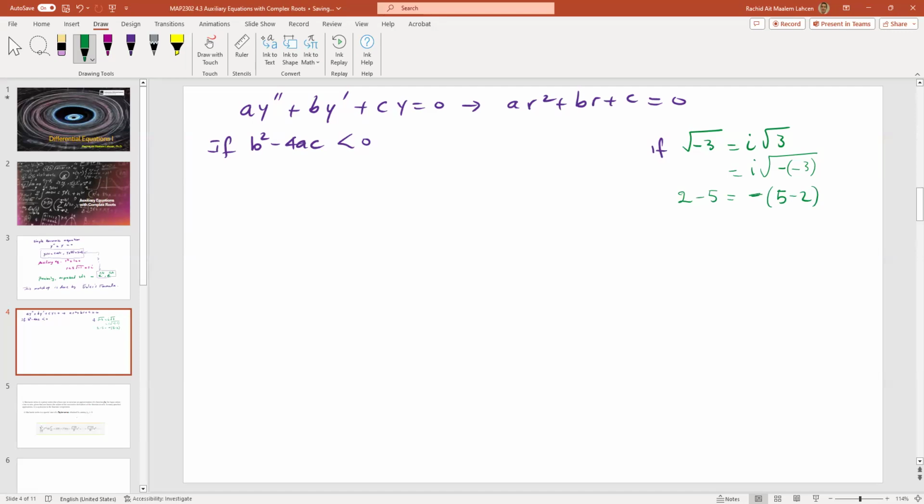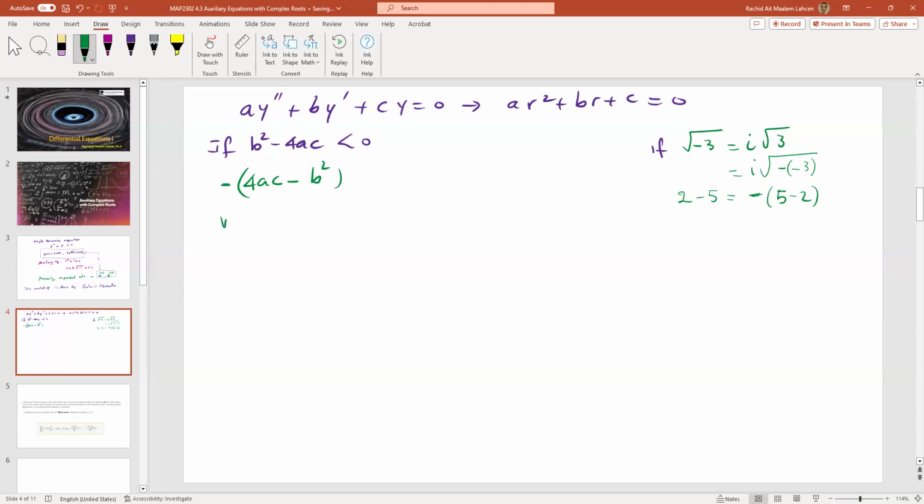Now if I have b squared minus 4ac, like 2 minus 5, then I can rewrite it as 4ac minus b squared, right? That's right.